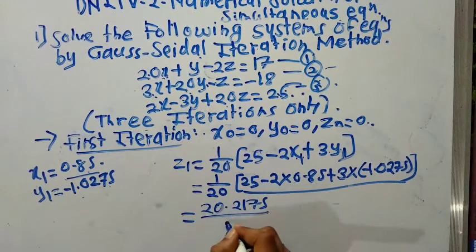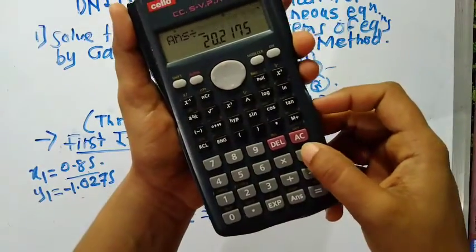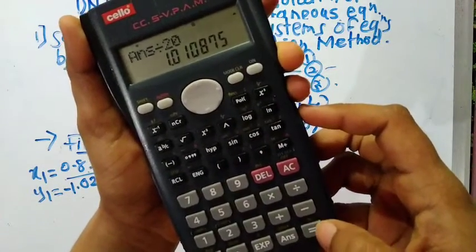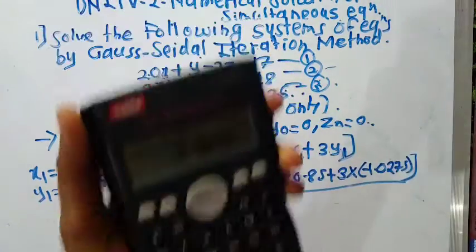Then 20.2175 divided by 20 is equal to 1.010875.